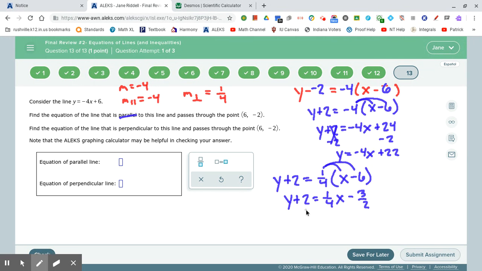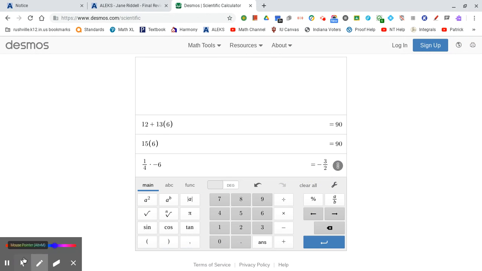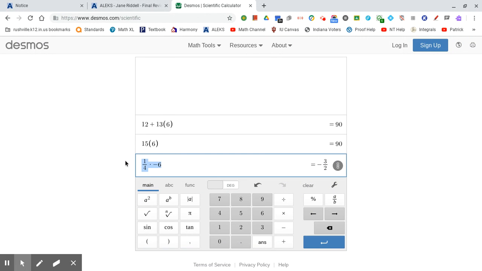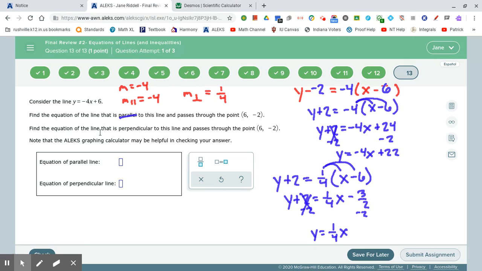And then I move the 2 over by -2 on both sides. This is still y equals 1/4 x. I still need that slope to be just 1/4, but now I need to take -3/2 minus 2. So I'm going to type in -3/2 and then -2, which gives me -7/2. So since it's negative, I'll put a minus and then 7/2.